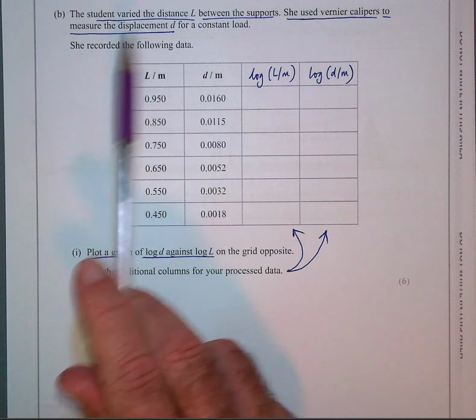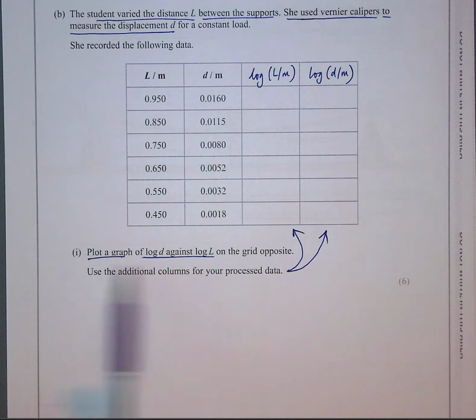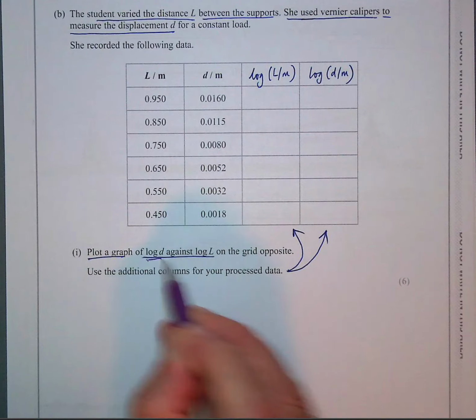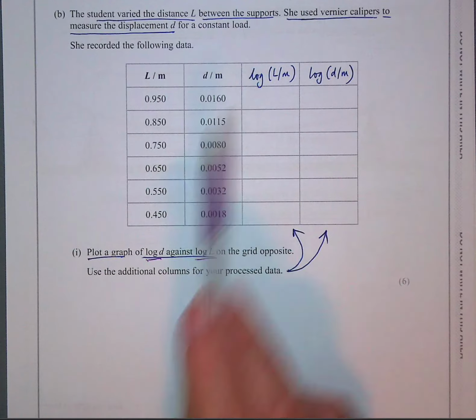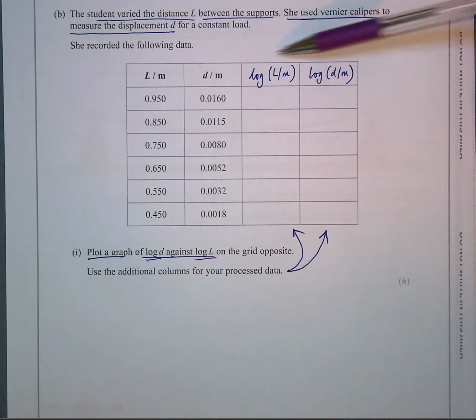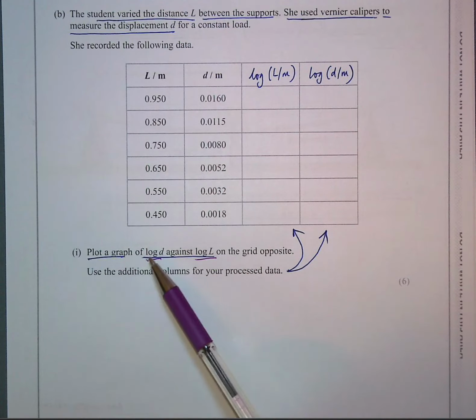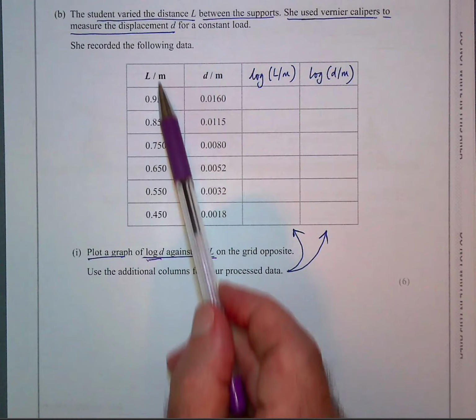Now you don't need to talk anything else about the practical. This is now the investigation, and they want you to plot a graph of it. They're using not natural logs, but log to the base 10. So that's log, whereas natural log is ln. And whenever you put a log of something, they want you to plot a graph of log d, so log of this value, against log of the L value.